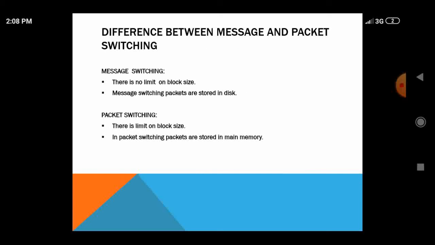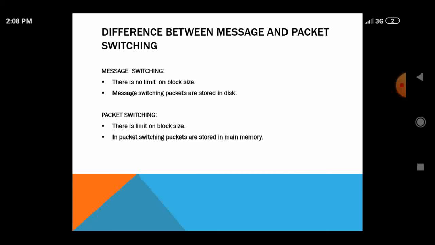Difference between packet switching and message switching. In message switching, there is no limit on block size. But in packet switching, there is a limit on block size while framing the packet. In message switching, messages are stored on a disk. But in packet switching, packets are stored in main memory.